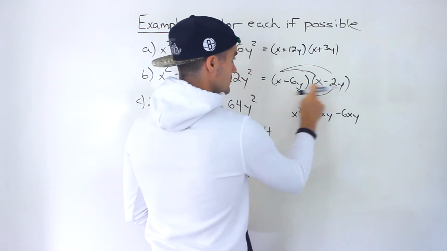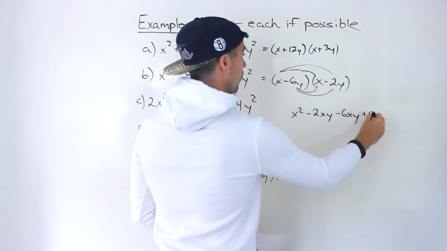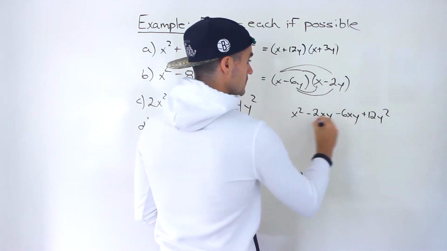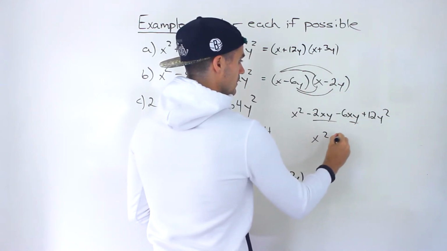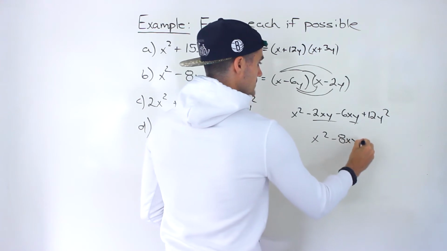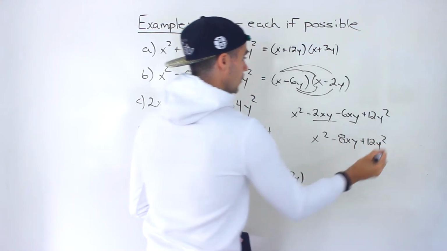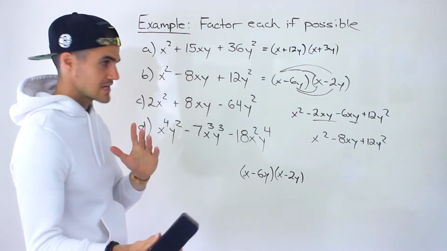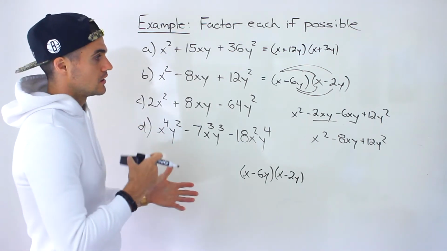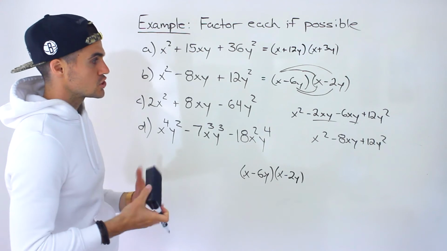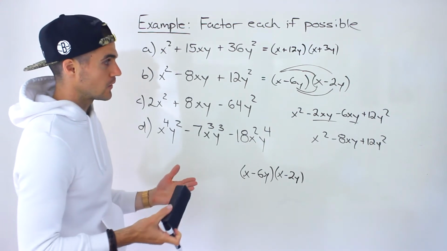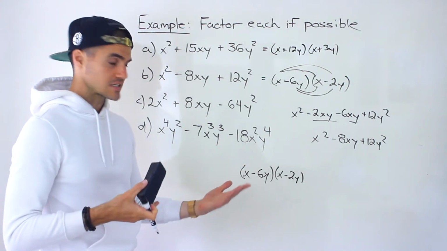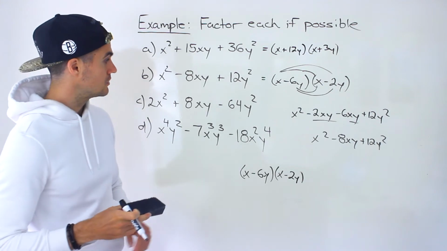And then -6 times -2 is positive 12. y times y gives us y squared. These are like terms. And so we end up with that original expression, right? So as I mentioned in previous videos, if you have the time on a test, you could always check your answer, a factoring question, by doing the opposite, expanding, making sure you get that original expression.